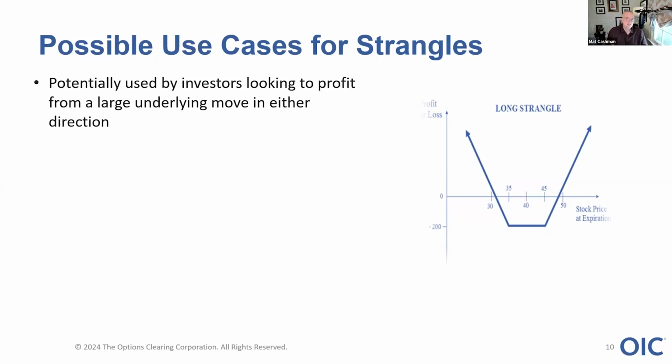The reason why is because they involve both an out of the money call, which gives you access and/or exposure to the upside move, and an out of the money put, which gives you access or exposure to the downside move. And if you're buying both of those, you have exposure to both sides of the price distribution. However, you actually have to add both of those prices together to get the price of the strangle. That comes out in the actual break evens that we'll talk about when we talk about the graphs.